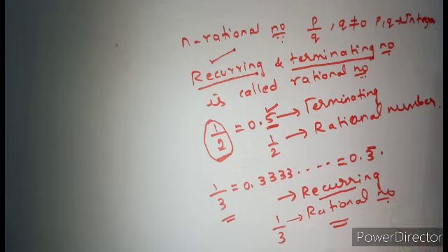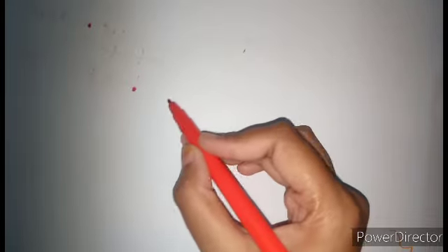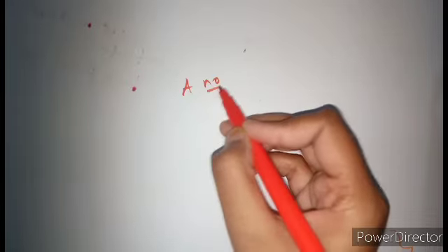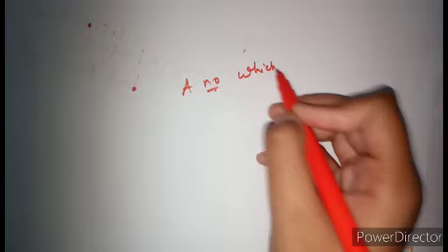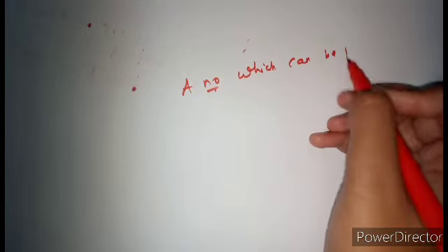Here in the statement they have given that n is a rational number. So this is the definition of a rational number. And in the statement they have given a as a real number. Real number means the union of rational and irrational numbers is called a real number. And one more definition is that a number which can be plotted on the number line is called a real number.